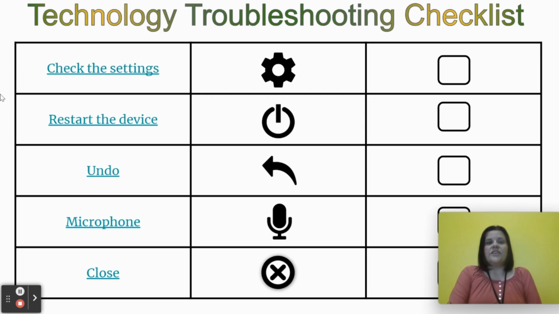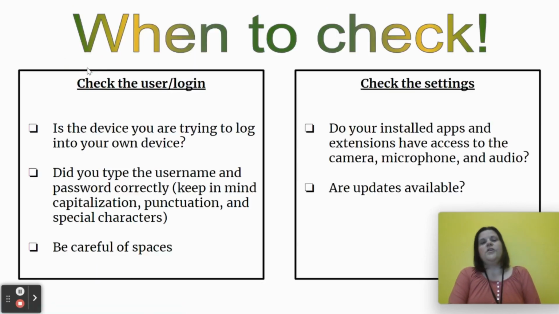If you need to check your settings, you can click and you can look, do you have your installed apps and extensions, and do they have access to the camera, microphone, and audio? If your camera is not working, if your audio is not working, go to the settings and make sure those buttons are clicked to enable. Also, you can always go to the settings and check if there's any updates available.